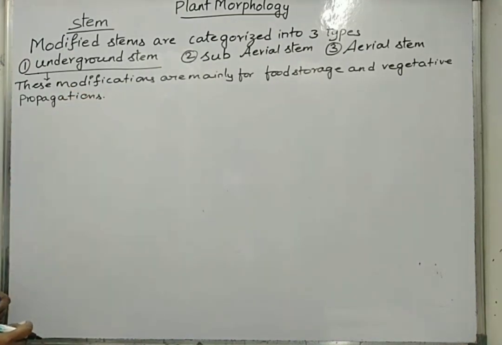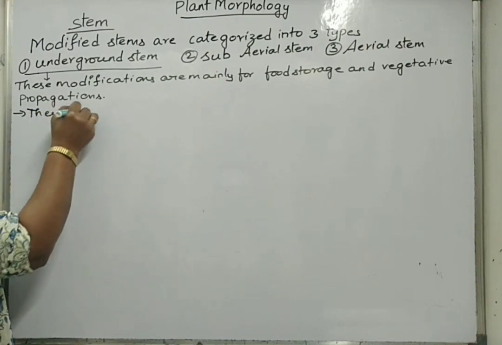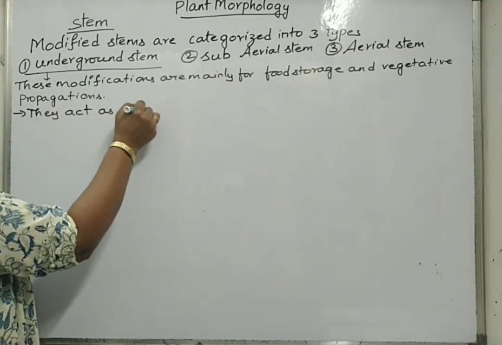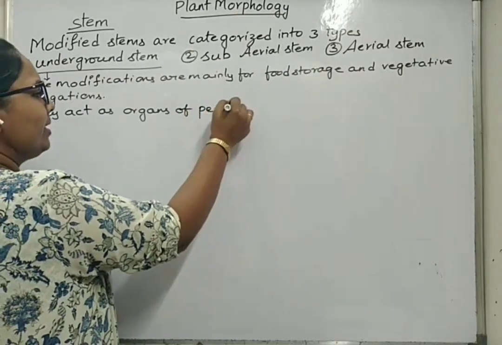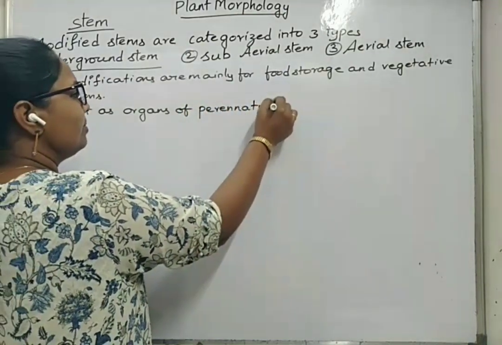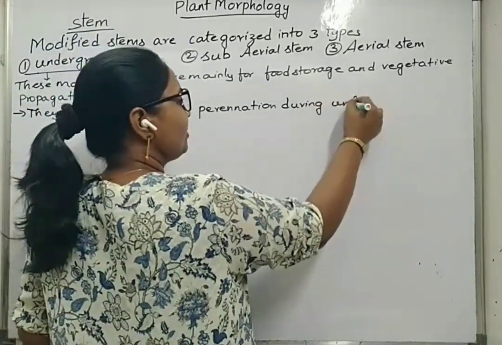These underground stem modifications act as organs of perennation during unfavorable conditions.